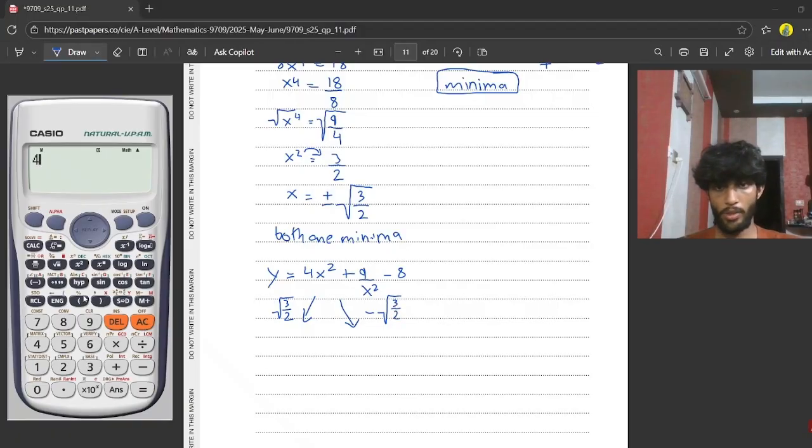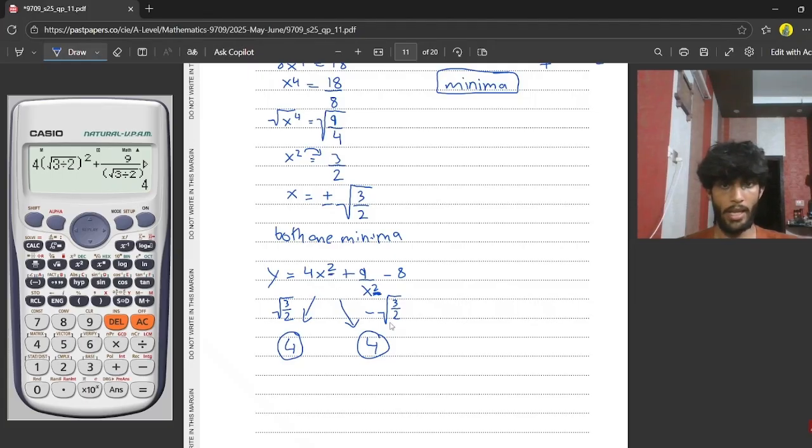So I get 4 times under root 3 by 2 raised to the power 2, plus 9 divided by under root 3 divided by 2 raised to the power 2, and then negative 8 over here. So I get 4 from over here, and I'm going to get 4 from over here as well, because that's an even power, a power of 2.